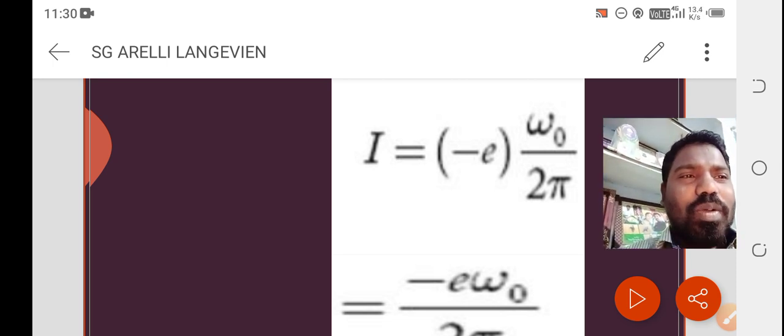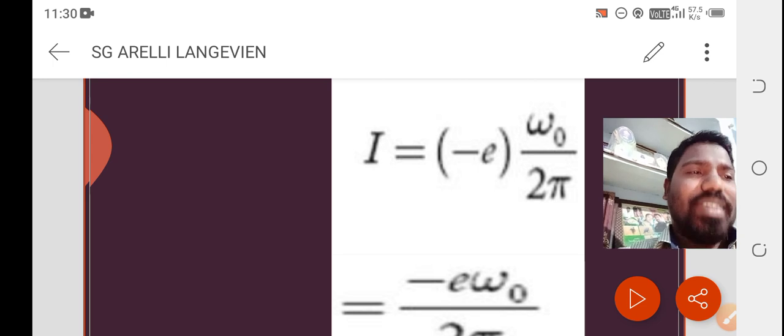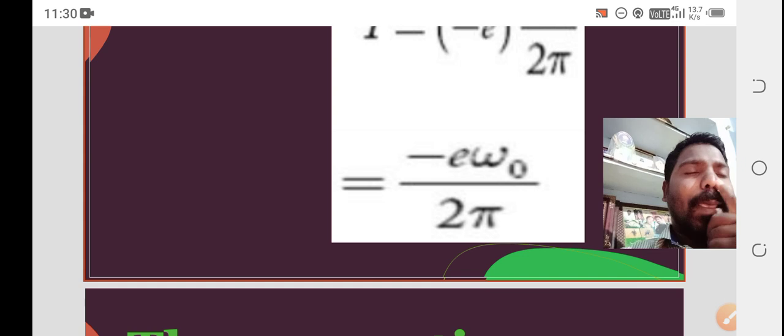What is omega naught? Omega naught is nothing but the angular velocity. 2 pi is nothing but the full phase. Why minus e? That is the induced effect which comes from Langevin. I equal to minus e into omega naught by 2 pi.